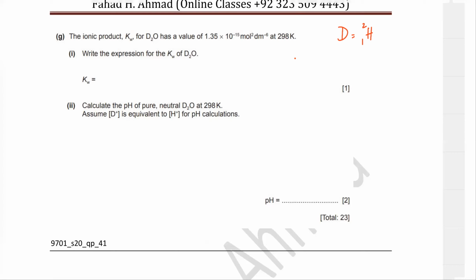For Kw, water ionizes and produces two ions. One is H+1, the other one is OH-1. Now, if you've got D2O, it's going to ionize in exactly the same way. It's going to produce D+1 ions and OD-1 ions. So the ionic product of water is going to be D+1 concentration into OD-1 concentration, where D, remember, is an isotope of hydrogen.